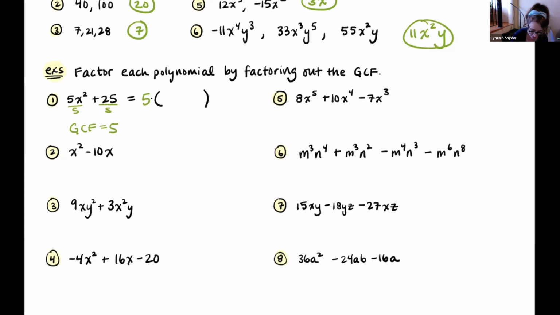Dividing 5x squared by 5 will just give us 1x squared. And then we still have plus, and dividing 25 by 5 will give us 5. And so there we go, we factored out the greatest common factor here. And we can always check by multiplying out again.